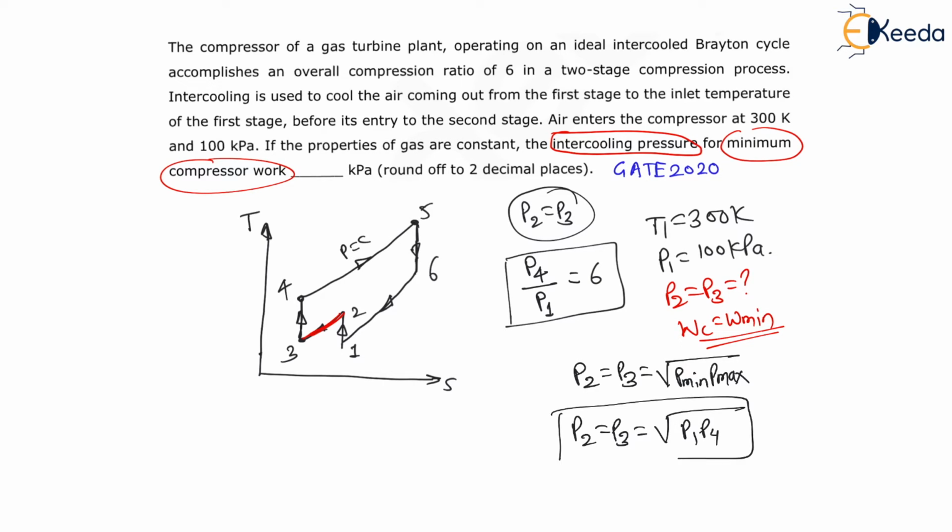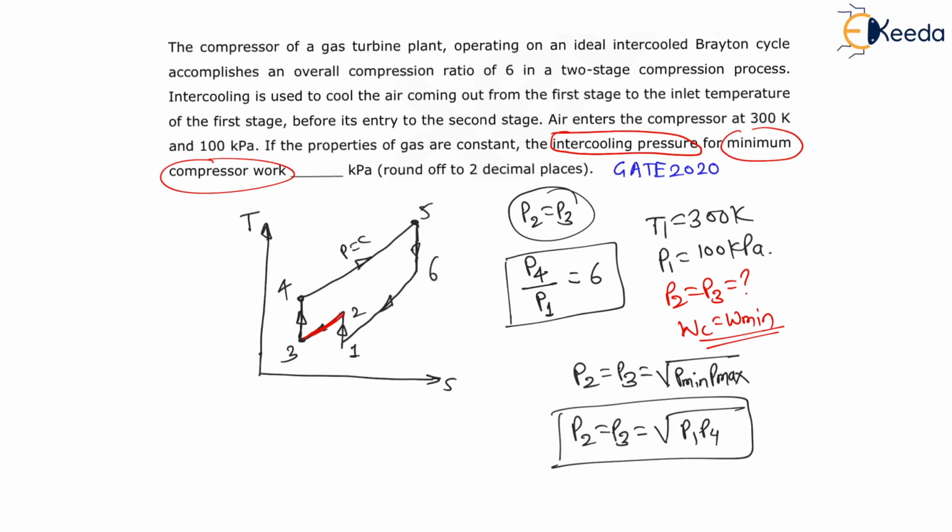This is called the intermediate pressure for minimum work of compression. And if it is a turbine, this intermediate pressure is for maximum work of turbine. Turbine is a work producing device, therefore we will get maximum work for this condition, and for a work consuming device we will consume minimum work, right? Therefore for the compressor it will be minimum work.